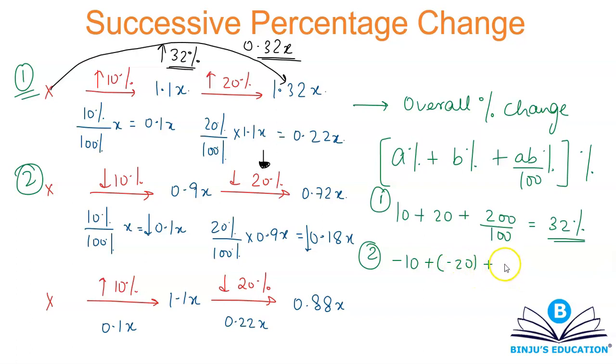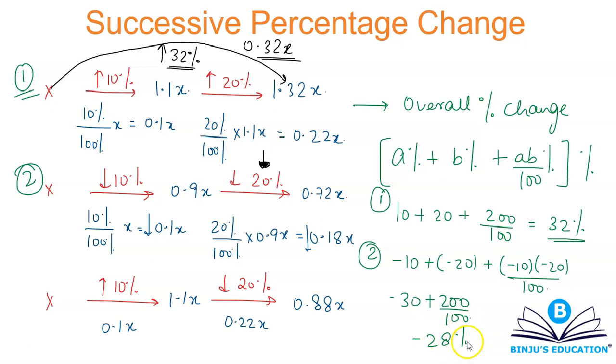Then they both are decreasing, so plus minus 10 into minus 20 by 100. You have to take the numbers with their signs. So minus 10 minus 20 is minus 30. Minus 10 into minus 20 is plus 200. Plus 200 divided by 100. So this is an overall change of minus 28.